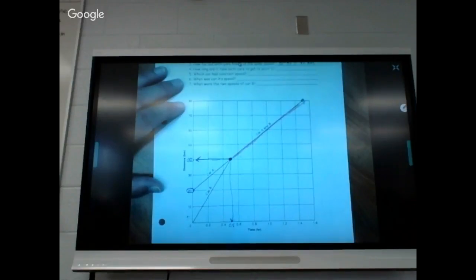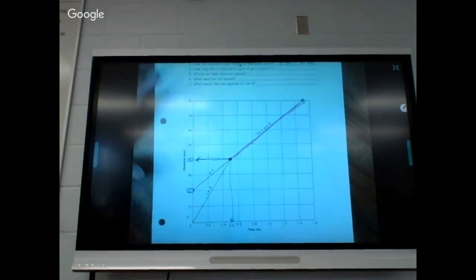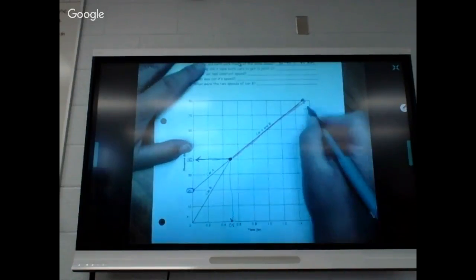Or did it just ask, how long did it take them to get to point C? I think it's a little vague. So it depends on how you read the question. I read it as, they're just asking you, how long did it take the cars to get to point C? That's the way I read it.